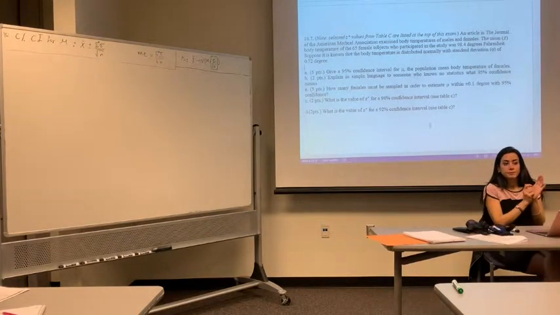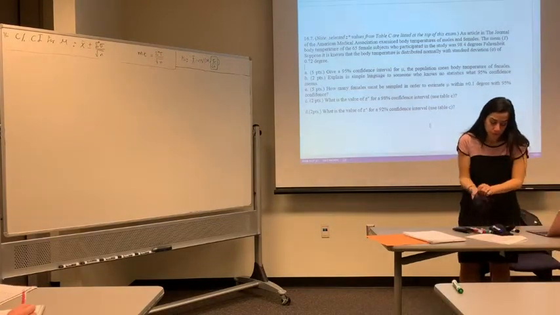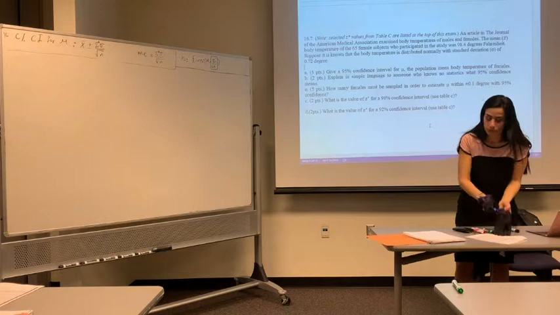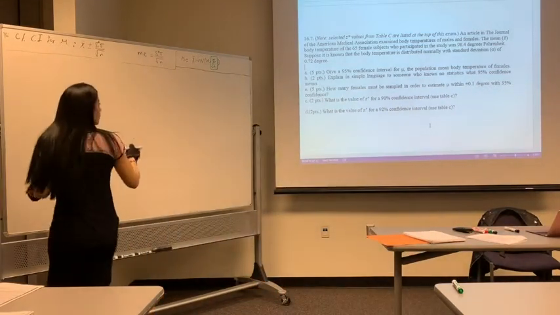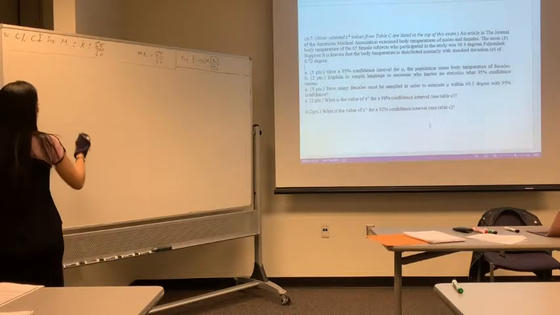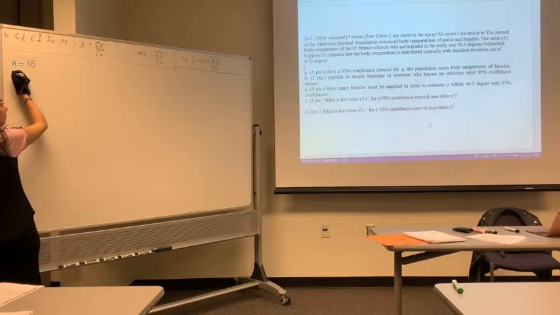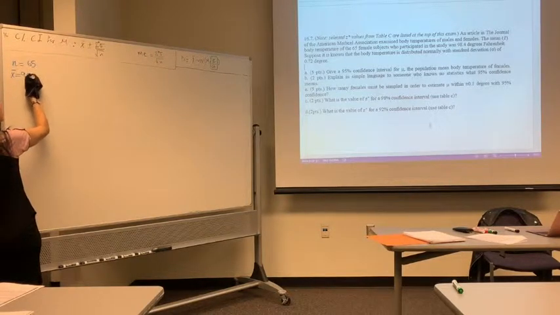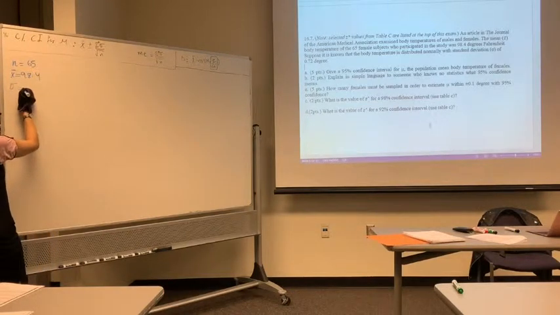Okay, are you done? It says, okay, so we have n equal to 65, x bar 98.4, a standard deviation 0.72, right?